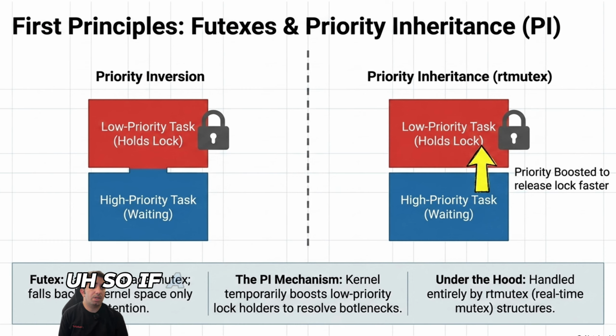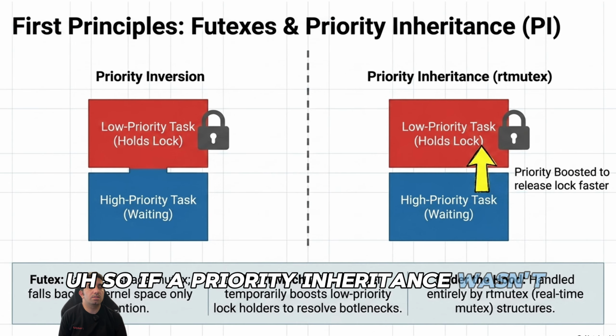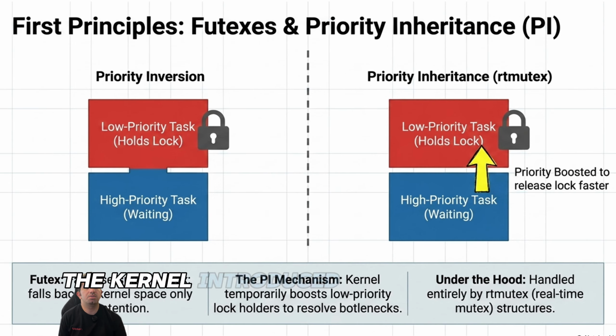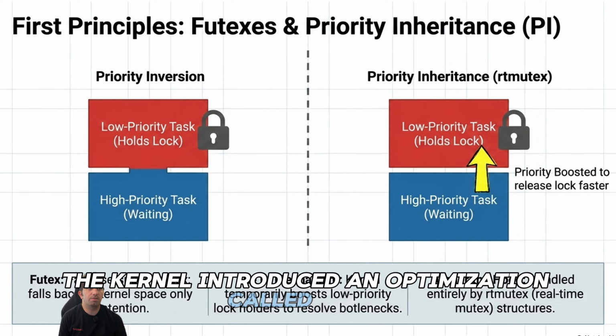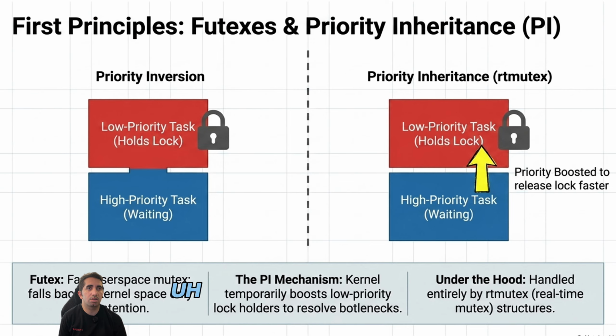If priority inheritance wasn't complex enough, the kernel introduced an optimization called futex_cmp_requeue_pi.